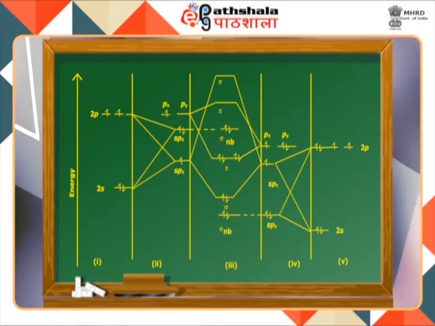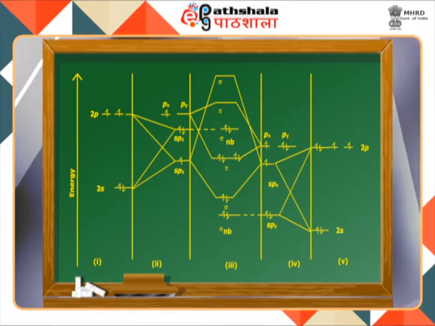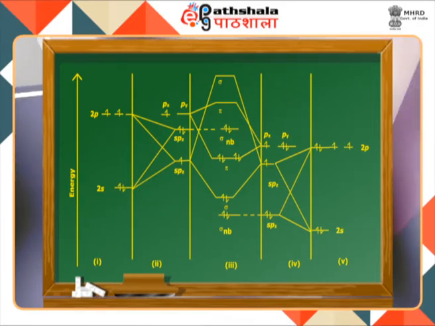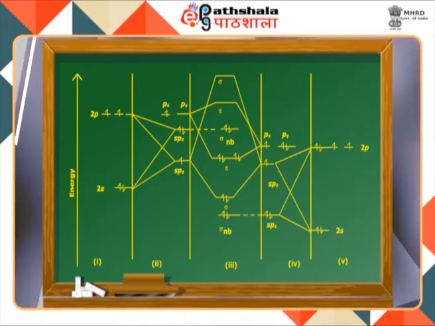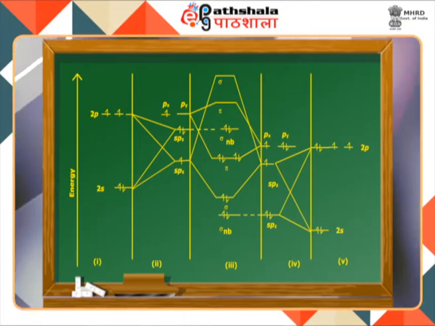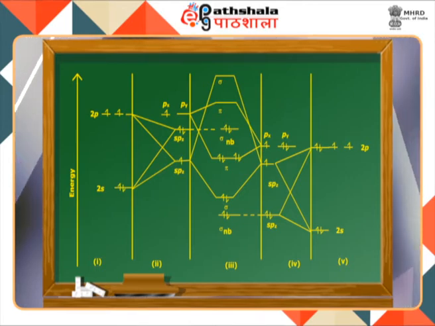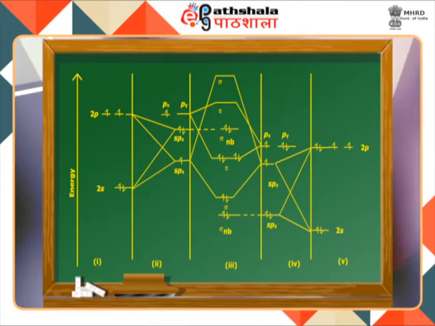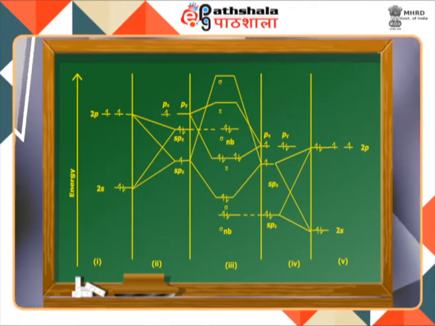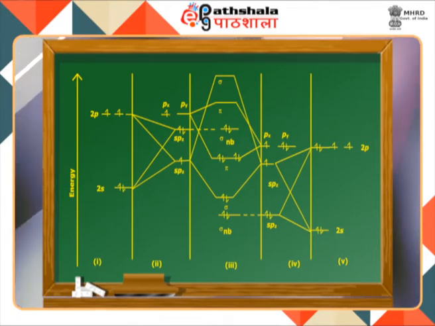The 2px atomic orbital of the carbon atom and the 2px atomic orbital of the oxygen atom take part in linear combination forming bonding pi 2px and antibonding pi 2px star molecular orbitals.